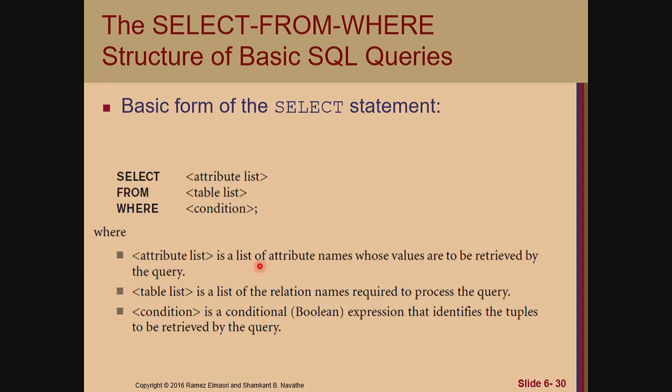The attribute list is a list of attribute names that you want to show, that you want to retrieve from the query. The table list is the list of relation names required to process the query. And the condition is a conditional, like a Boolean expression. In a Boolean expression, you should have true or false, right? It identifies the tuples to be retrieved by the query.